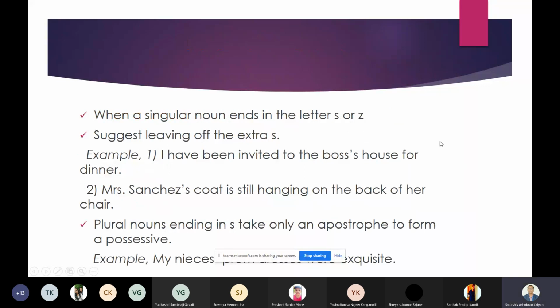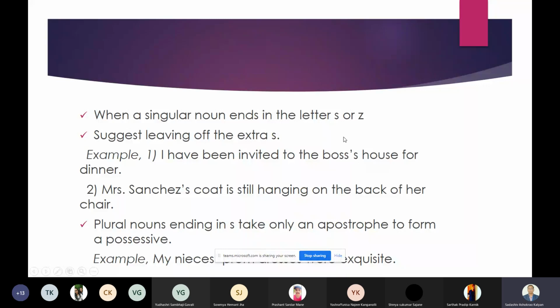when the singular noun ends with the letters s, at that time we suggest an extra s. I have been invited to the boss's house for dinner. Here we are using the extra s. We have two pronunciations for this.